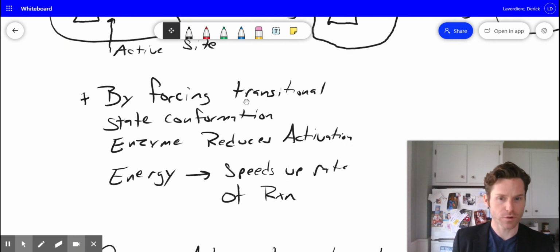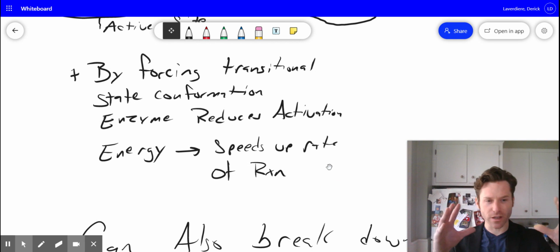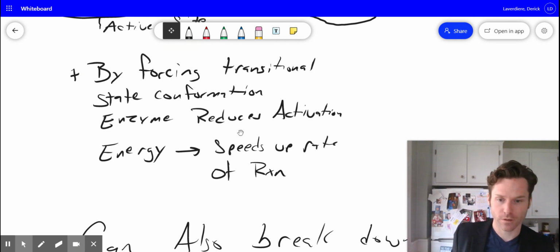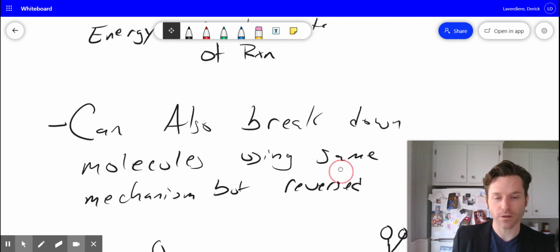So by forcing the molecules into that transitional conformation, the enzyme reduces the activation energy required for this reaction to occur. And that in turn speeds up the rate of the reaction. Right? And so it puts them in just the right way, forces them together, and then lets them go. Speeds up that reaction. Right?